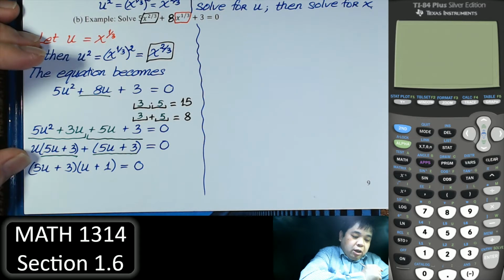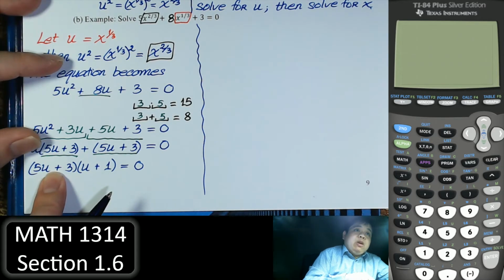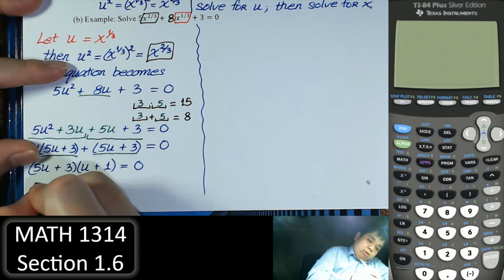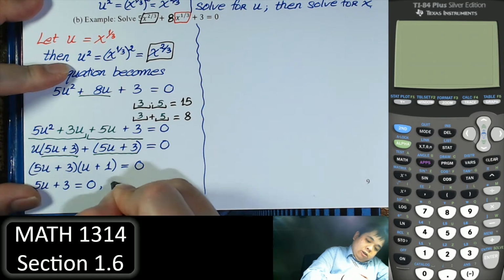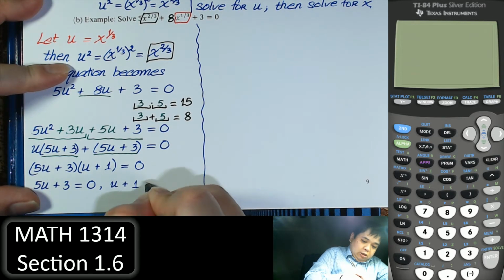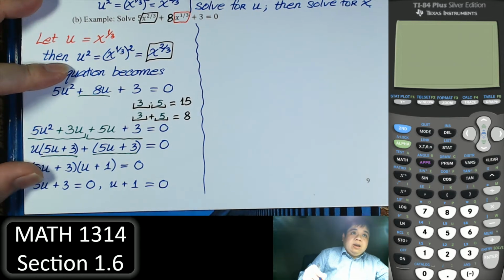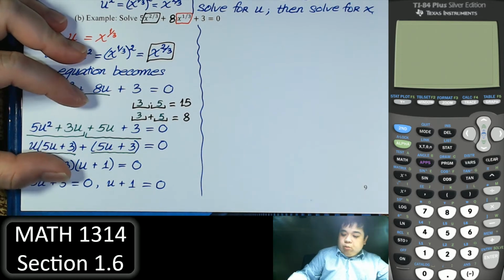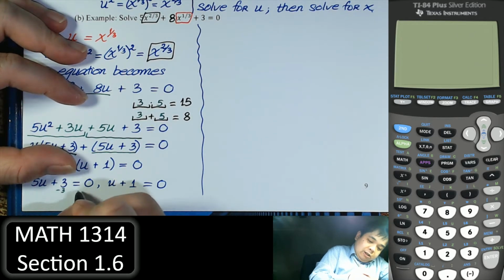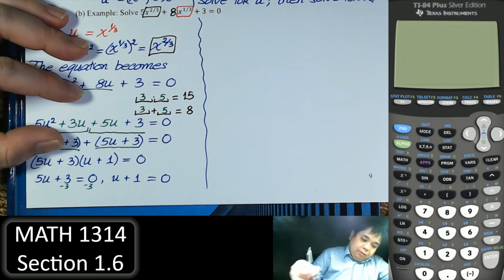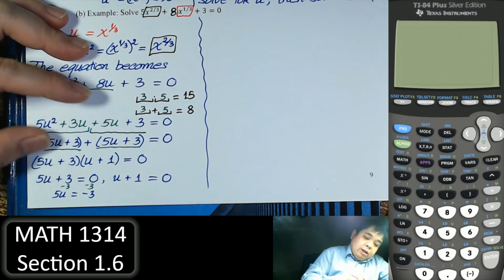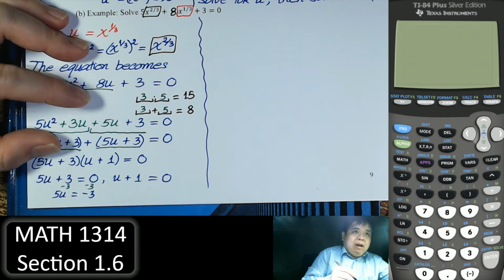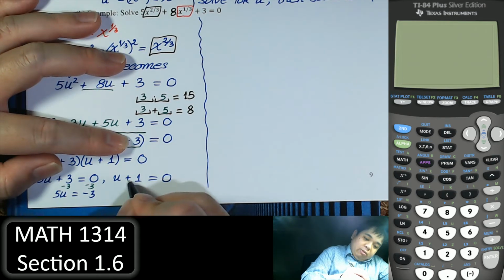Zero product principle: 5u plus 3 equal to 0, or u plus 1 equal to 0. Minus 3 on both sides, and then divide by 5 on both sides. Here I just subtract 1.